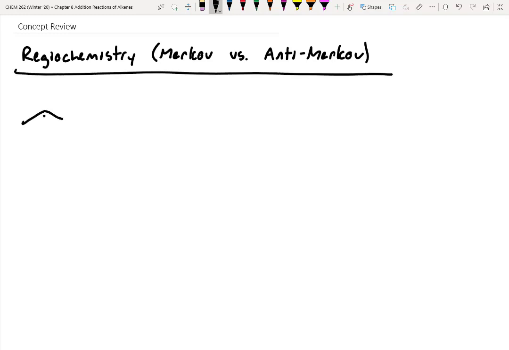So let's say we've got an alkene like this, and we're adding a hydrogen in blue, and some other group, I'll call that A in red. If we think about Markovnikov addition, what group is going to end up where? Is the blue hydrogen going to end up in the middle or on the right?